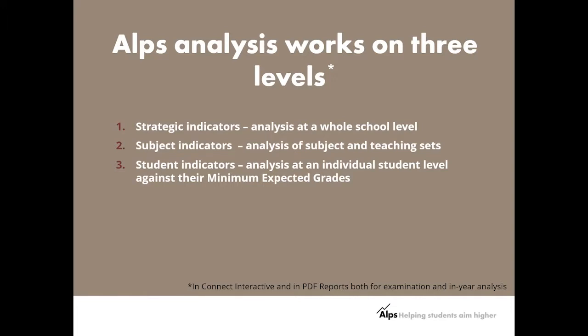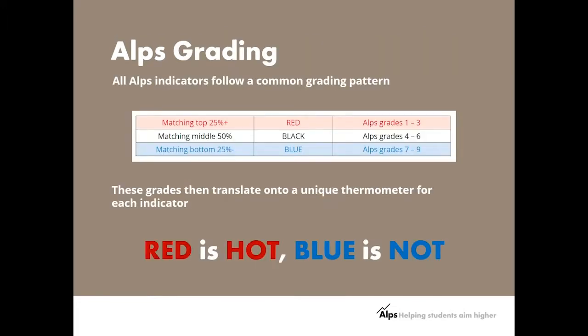That's Connect Interactive and your reports, and consistent across all of your whole school strategic indicators, all of your individual subject indicators, and the colours are consistent with your student indicators in Connect Interactive and how they're measured against the minimum expected grades.